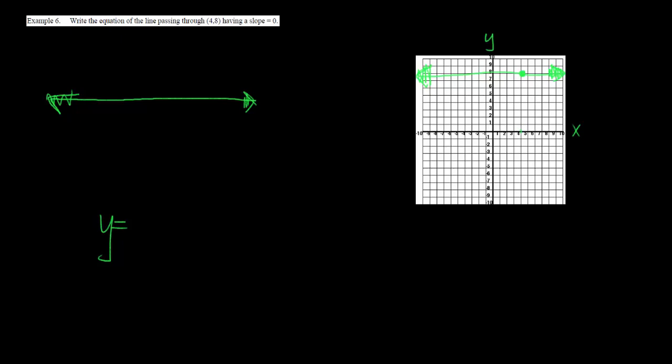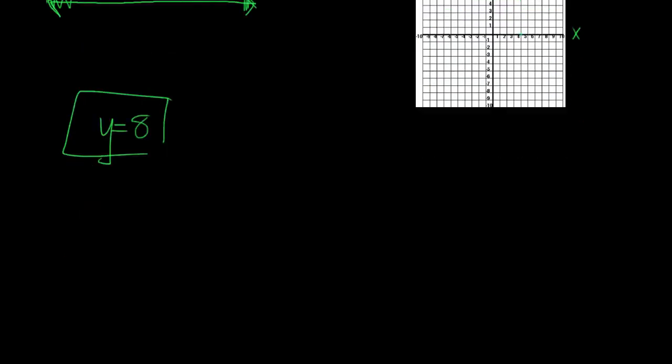There's going to be no x's in this equation because we only cross the y-axis, and we cross it at the y value of the point. We can see it in the coordinate, and we can see it on the graph, okay? We only cross at the y value of 8. So that's why the answer for this is y equals 8.